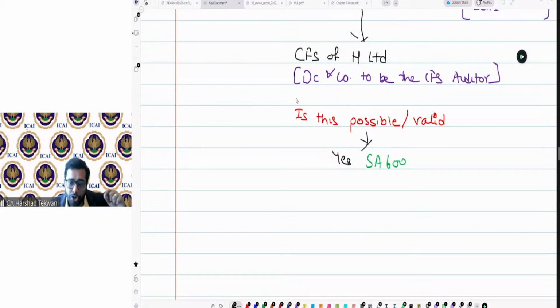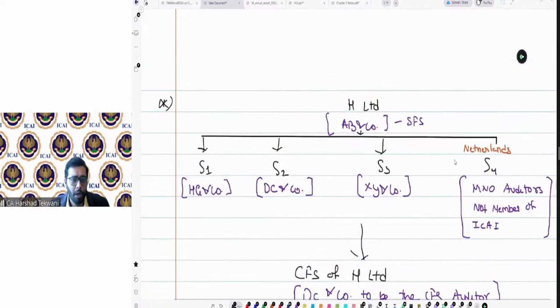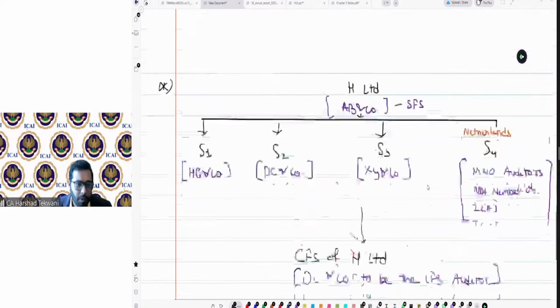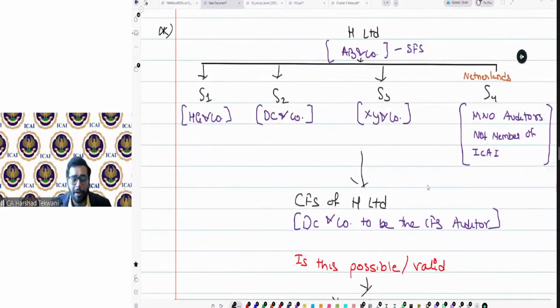Now, the question comes is, the S4 entity, which is Netherlands based, is being audited by MNO auditors, not members of the institute.